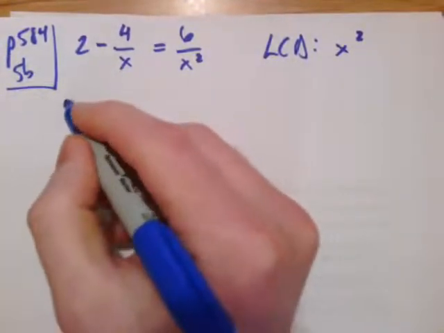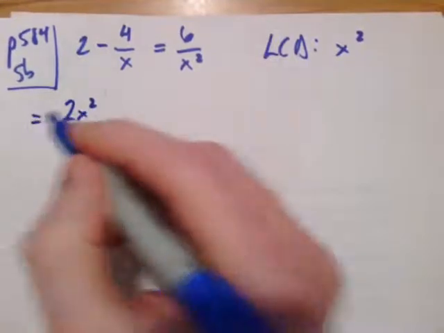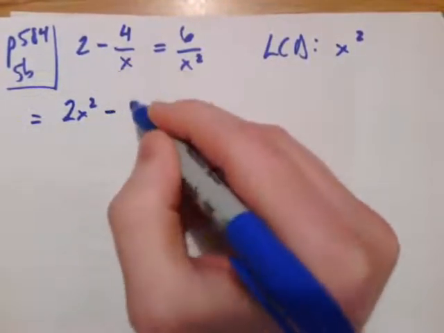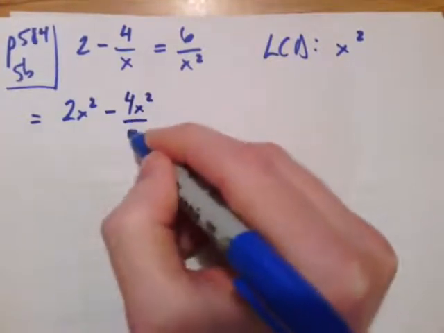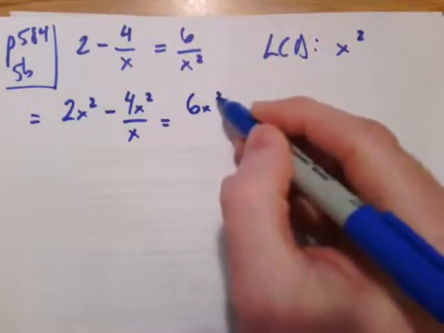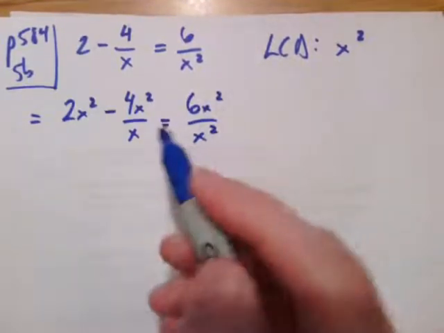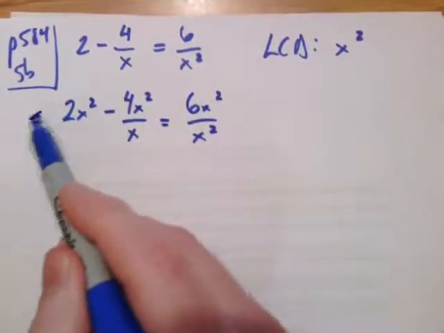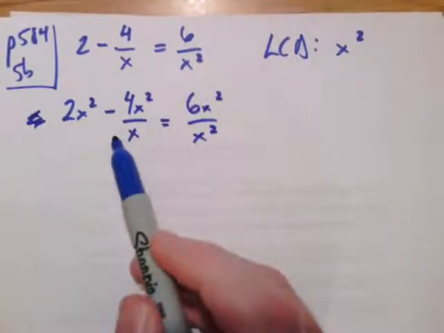So 2 times x squared is 2x squared. Negative 4x squared over x. We're not touching those denominators. 6x squared over x squared. Now, I don't need this because it's already an equation.